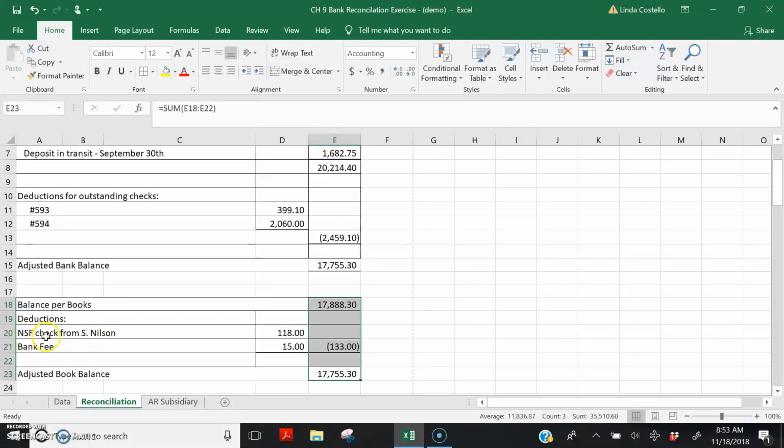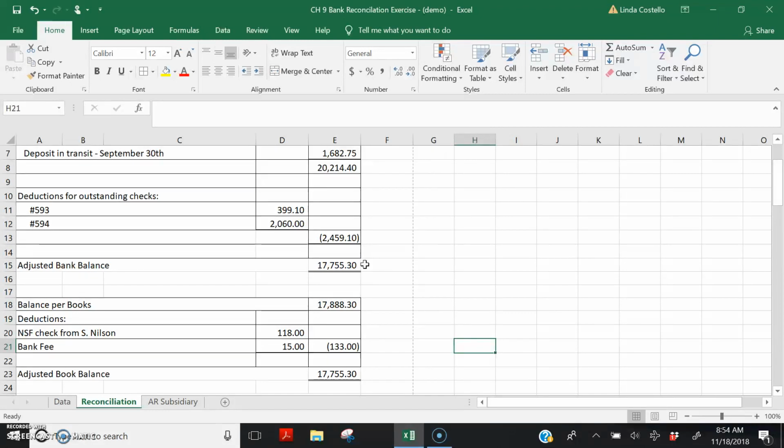Deductions: NSF check from S. Nielsen, $118, bank fee, $15, leaves an adjusted book balance of $17,755.30. The adjusted book balance now agrees with the adjusted bank balance, so our bank reconciliation is complete.